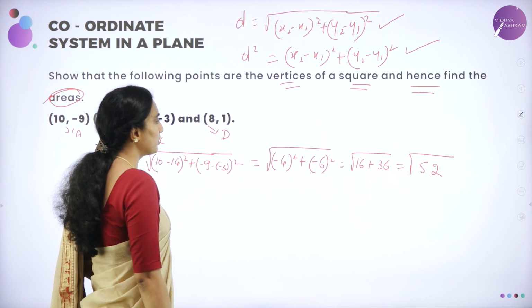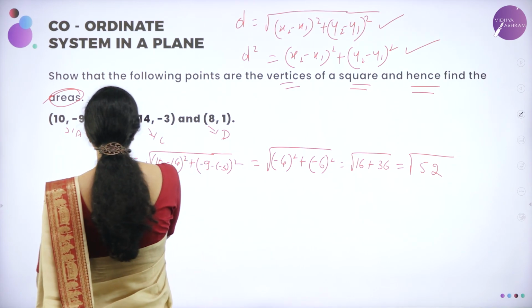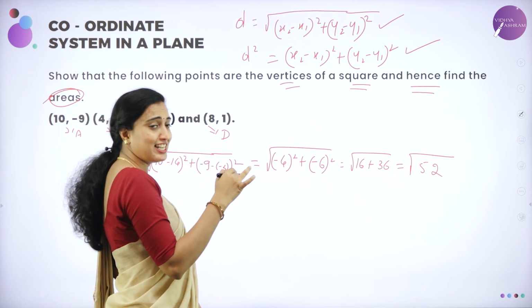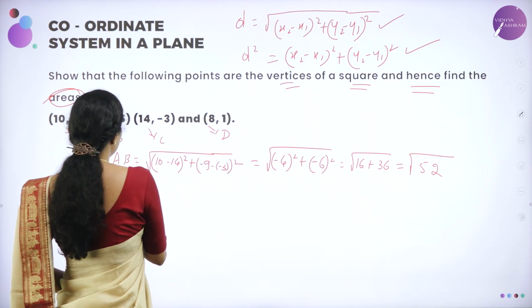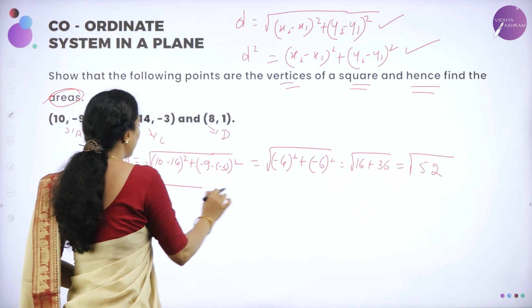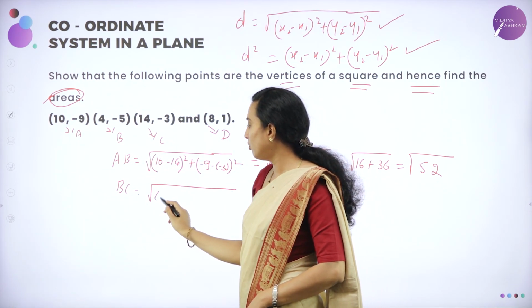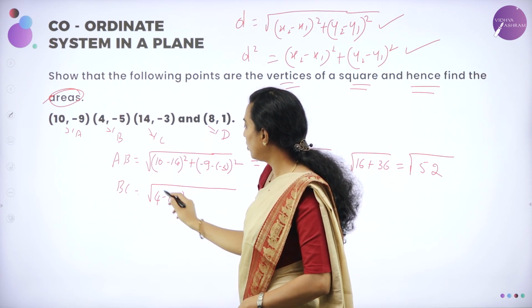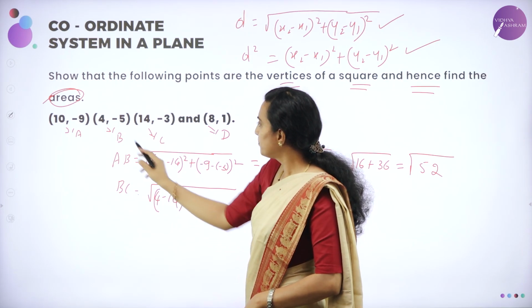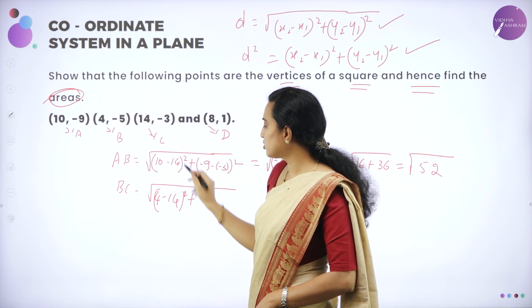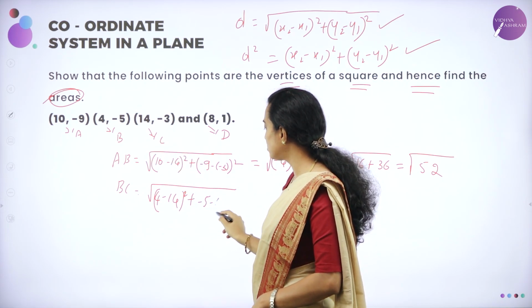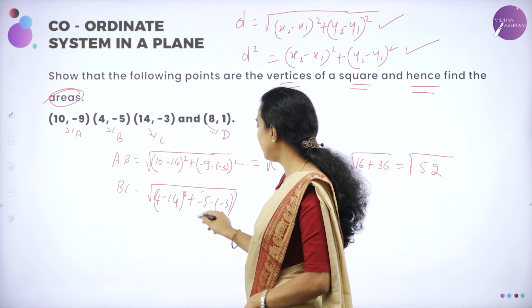So we'll be moving on to the next problem, finding the distance BC. What is BC? Observe carefully, dear students. 4 minus 14 whole squared plus minus 5 minus of minus 3 whole squared.